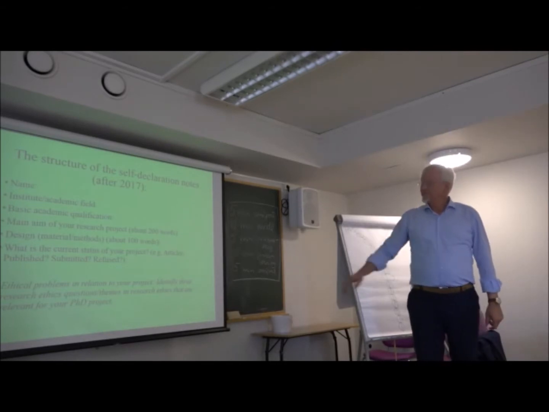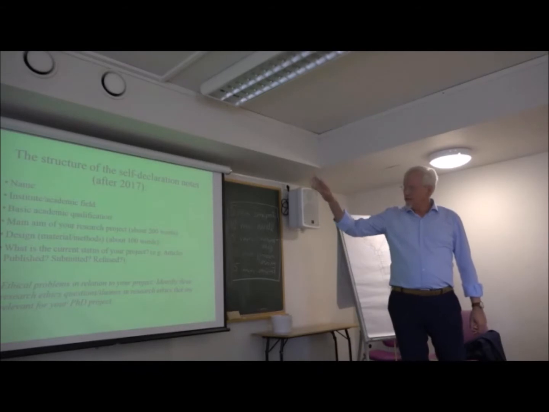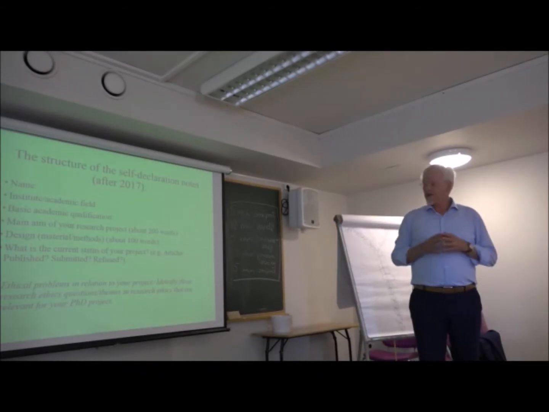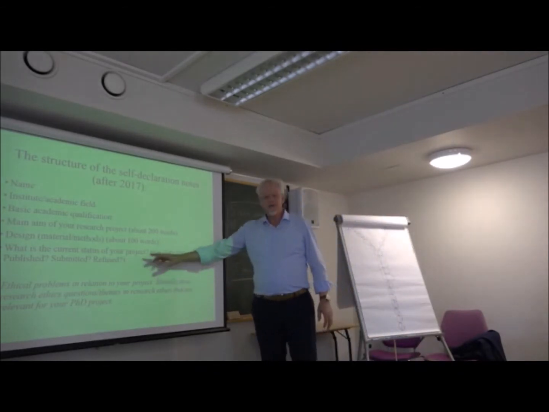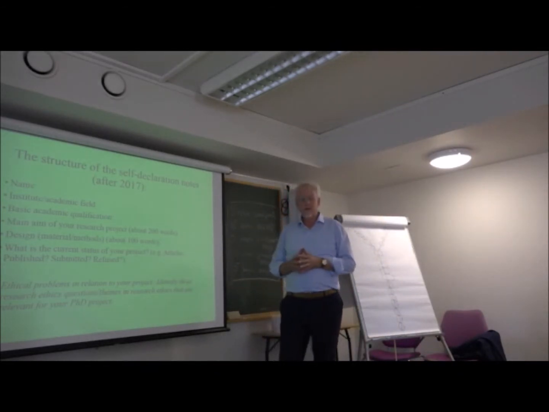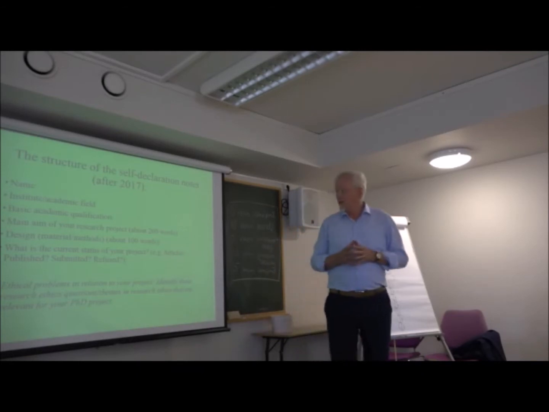Their name, institute, academic field, basic qualifications, what is the main aim of the research project. They have to describe the methodology and also state what is the current state of your project. Have you already published something?